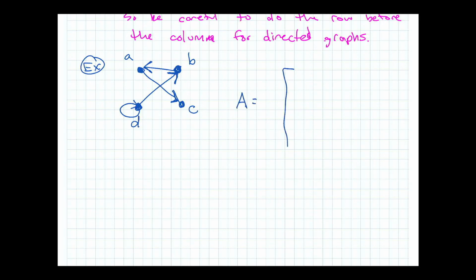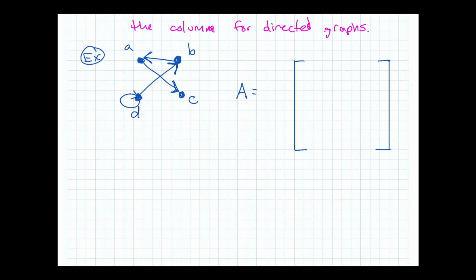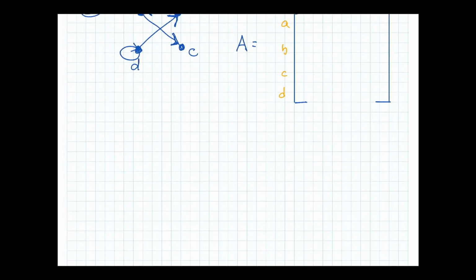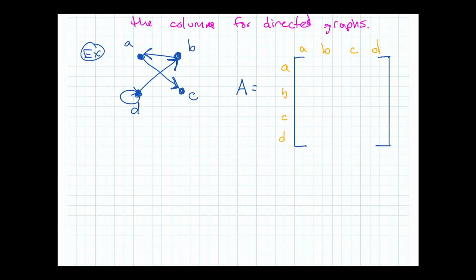We're going to draw a matrix. Okay, so there's our matrix, and we're doing the same idea, A, B, C, D, A, B, C, D, or V1, V2, V3, V4, however you're numbering them.